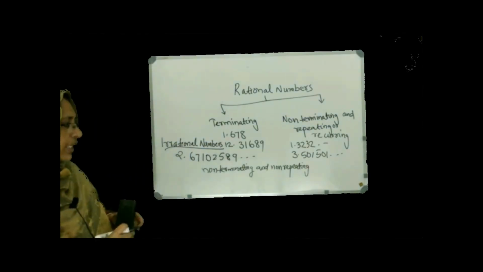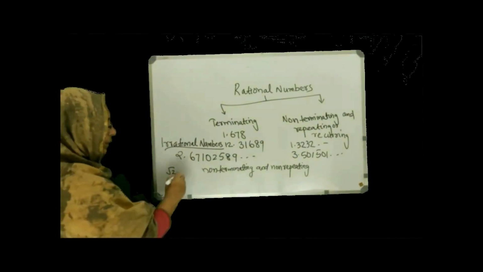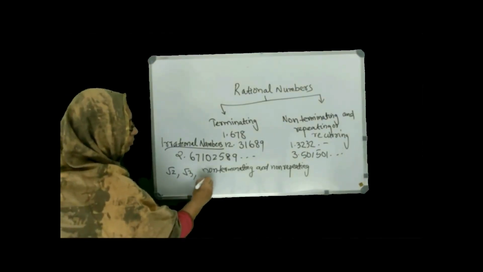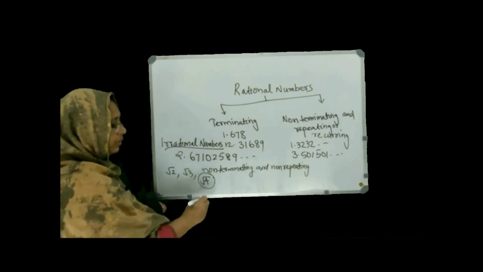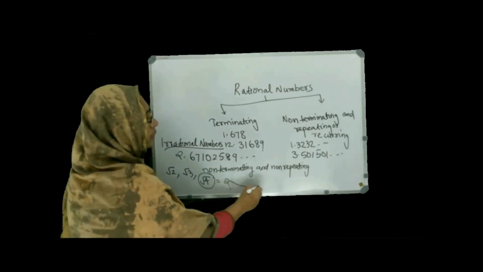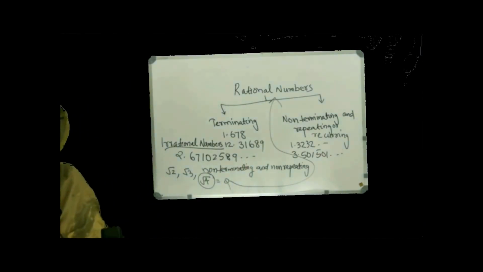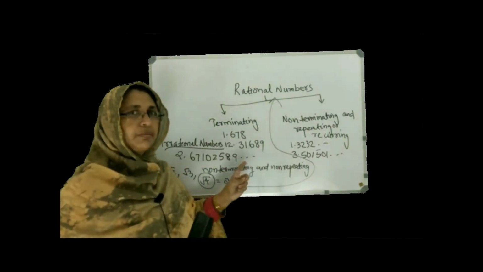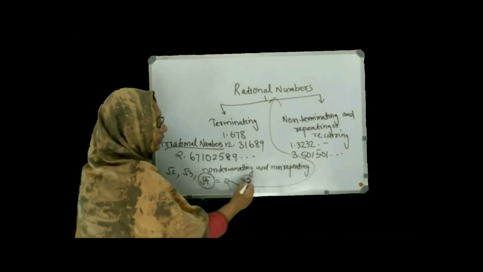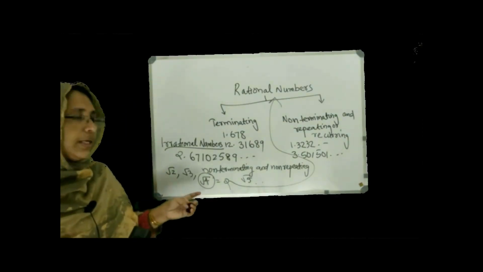Some more examples are root 2, root 3. What about root 4? We know root 4 equal to 2. That is, 2 is a rational number. Next, root 5 etc. These are irrational numbers.